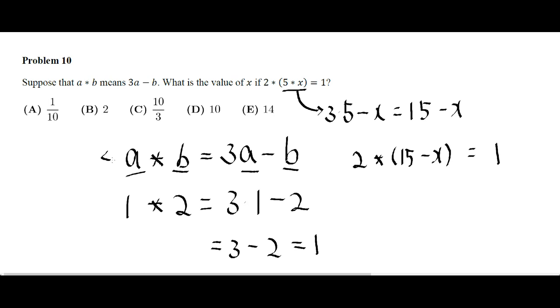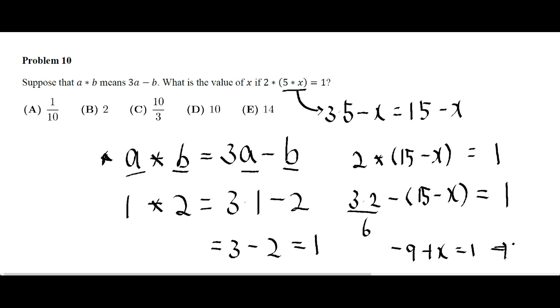By the definition of A star B, 3 times the first number 2 minus the second number, which in this case is 15 minus x, right? So this is 6, right? 6 minus 15 is negative 9, right? Negative minus x is plus x, right? Equals 1. What is x? 10. That's it.